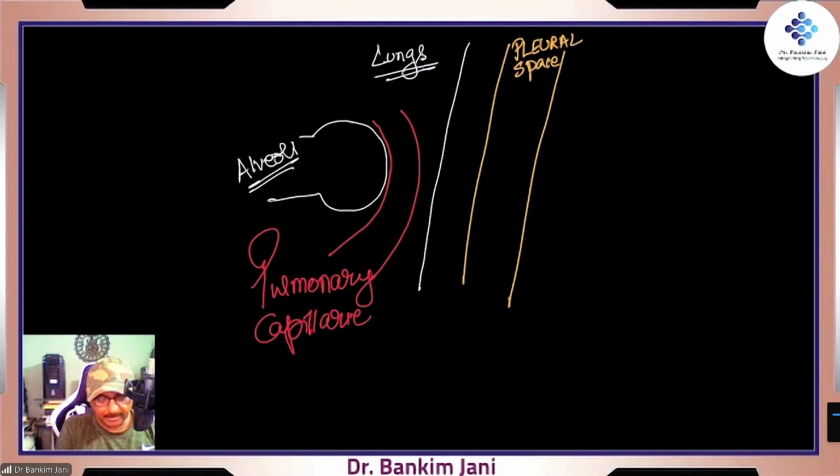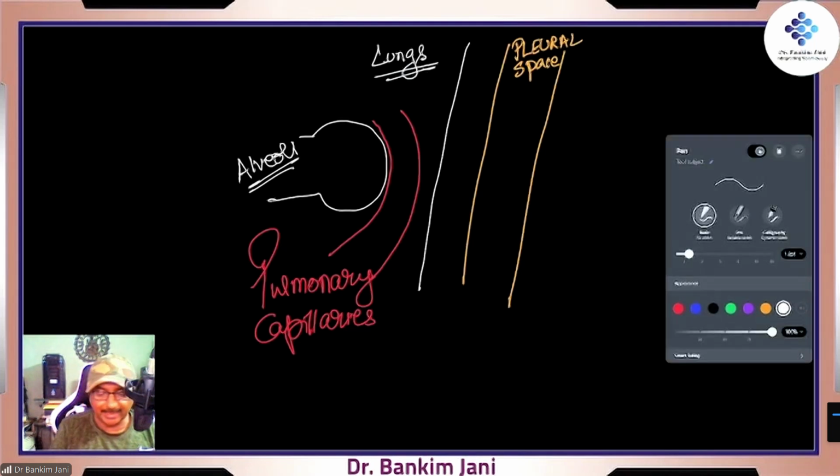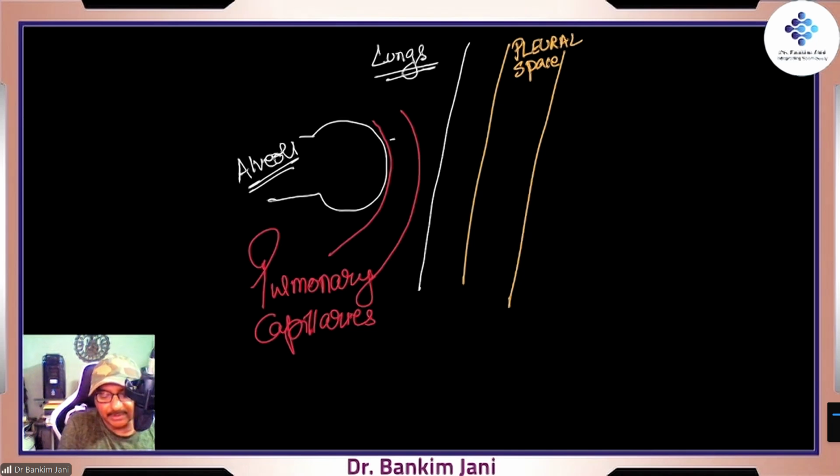Whatever we discussed till now as gas exchange, the carbon dioxide is given to the alveoli, and the oxygen from the breath we take is given to the pulmonary capillaries. Right? So, the pleural space is between the outer and inner layer of the lungs. Well, not outer and inner layer of the lungs. No.